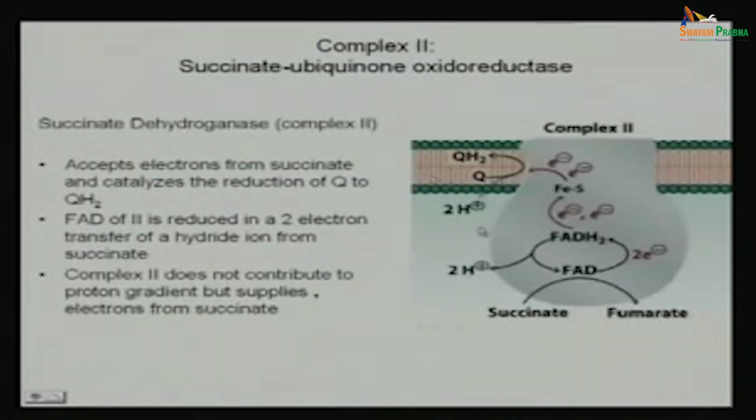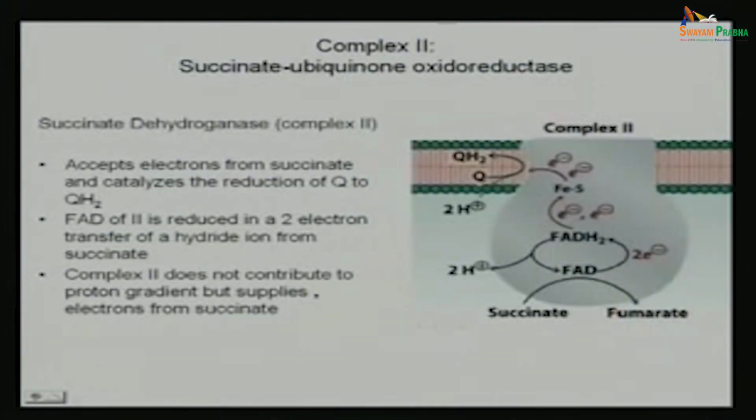But in this case, only the transfer of electrons is taking place, and the ultimate acceptor of electrons is ubiquinone, which is converted to ubiquinol. So QH2, ubiquinol, is the ultimate acceptor of electrons.